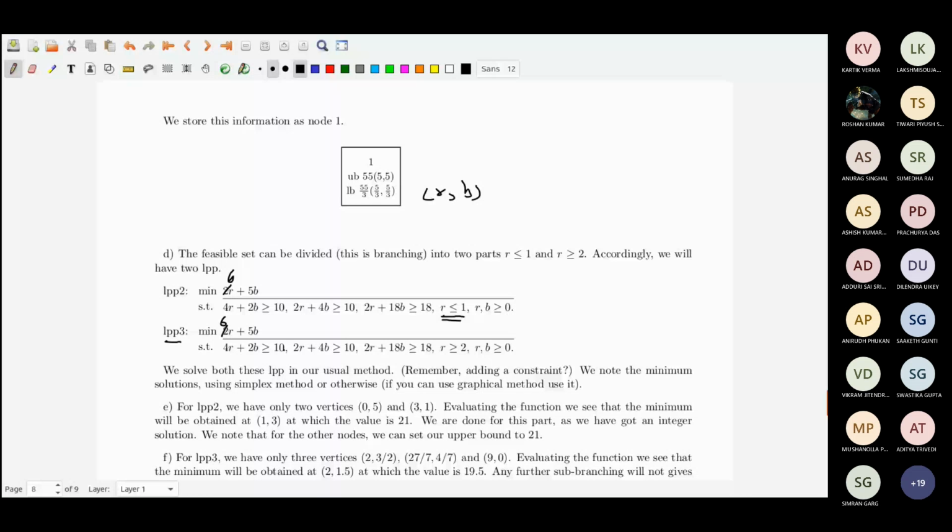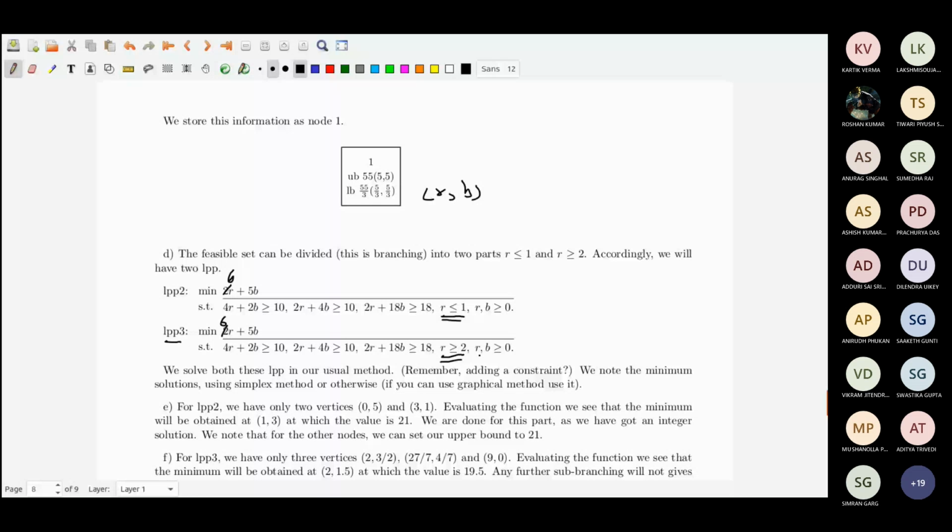I have created two LPPs. Now what do I do? Now I know how to solve LPP, so I will solve LPP2 and LPP3 by the simplex method. Why else did I learn the simplex method if I do not want to use it? Okay, so I used the simplex method.